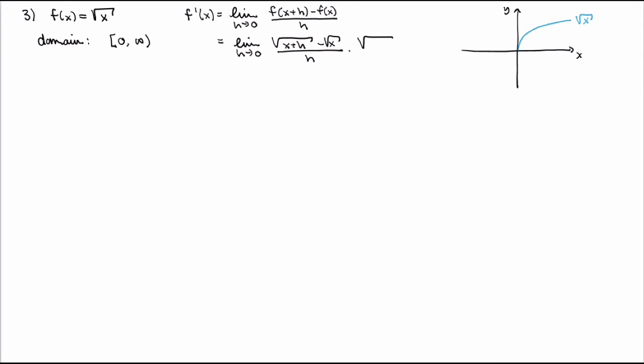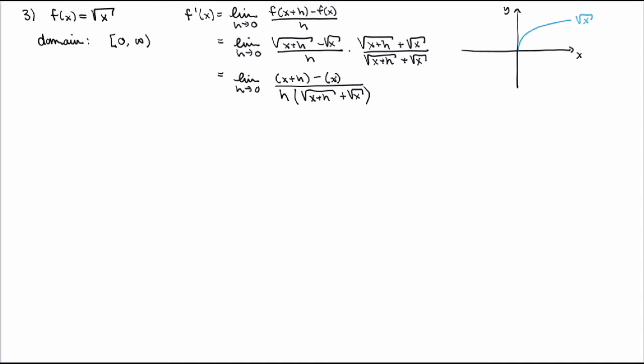To rationalize it, I'll multiply upstairs by square root of x plus h plus square root of x. And the same thing downstairs, so I multiply just by 1. And then what will I get? Well, in the numerator, I'll get x plus h, cross terms will cancel, minus x. And in the denominator, I'll get h times square root of x plus h plus square root of x.